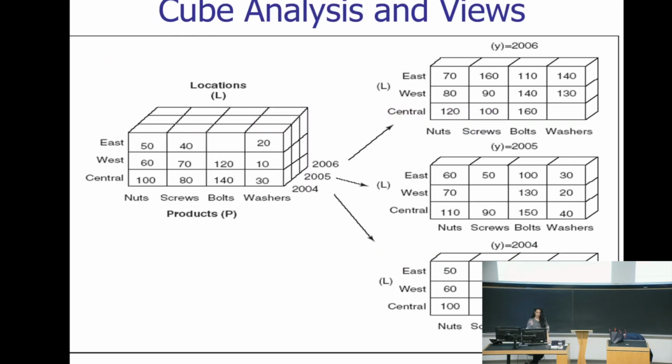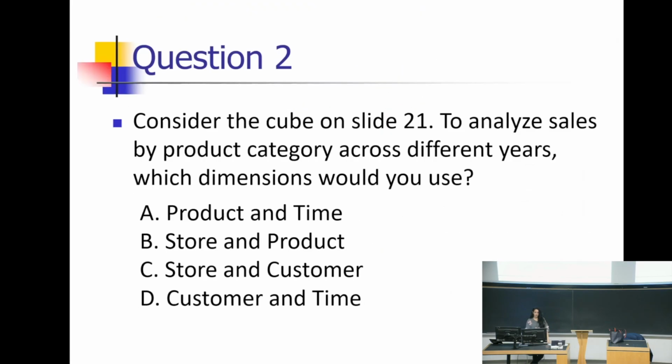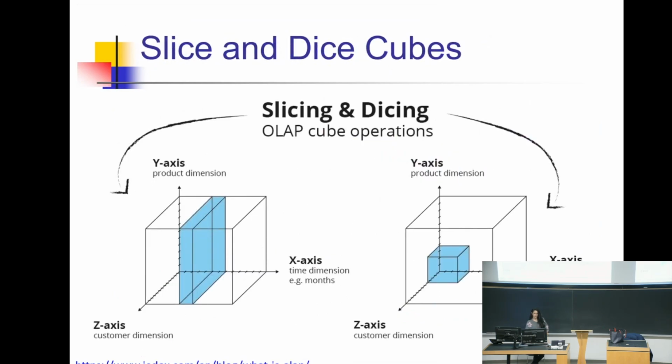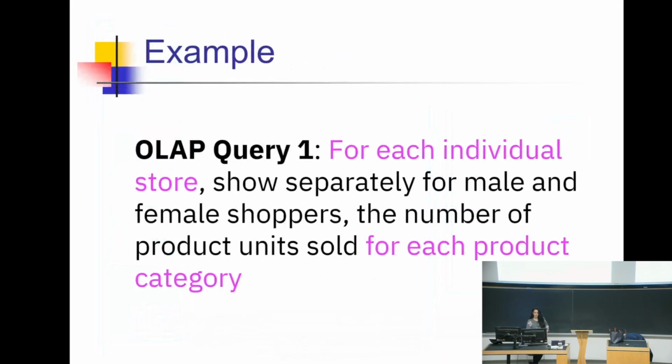Which we saw here. So basically, this is a cube. You can have this smaller subset of your data across these different dimensions, and we call it a cube.